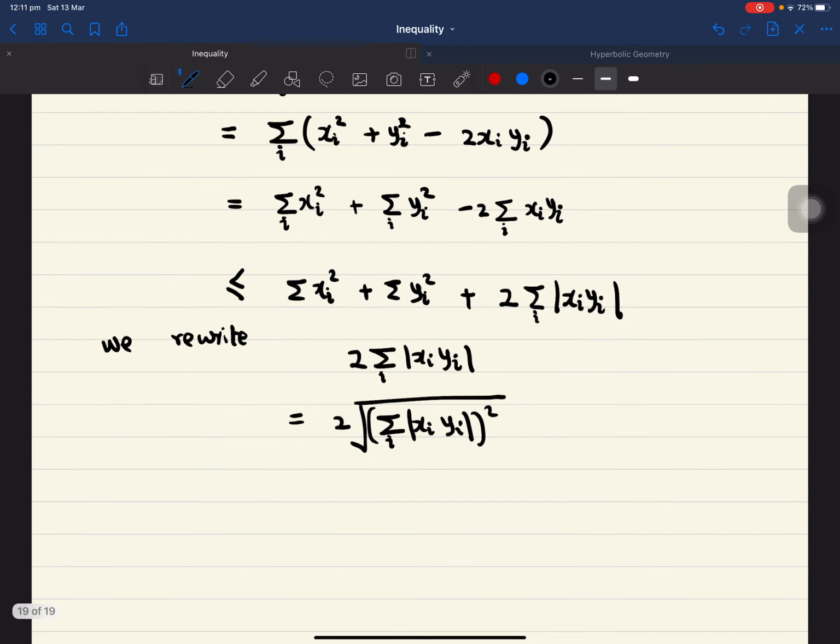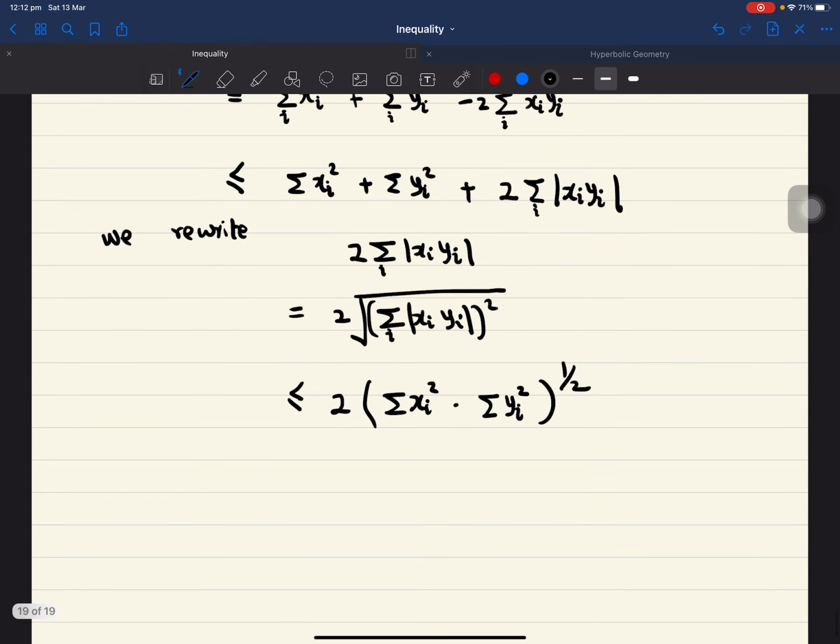And then by the Cauchy inequality we just proved, we got that is less than the sum of xi squared times the sum of yi squared, and the square root of that.